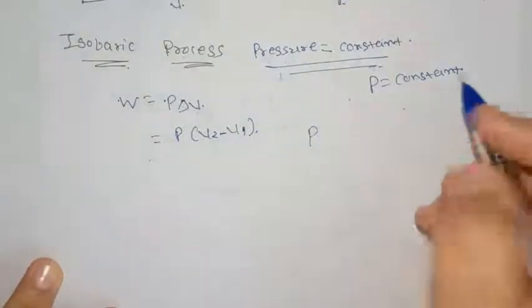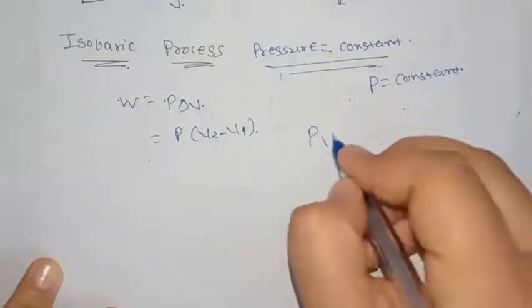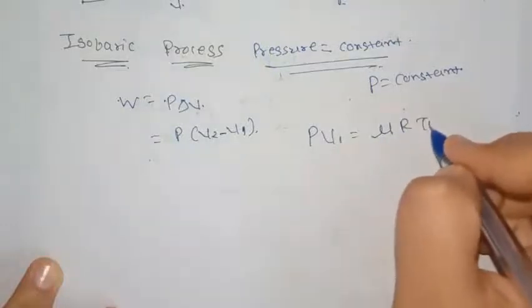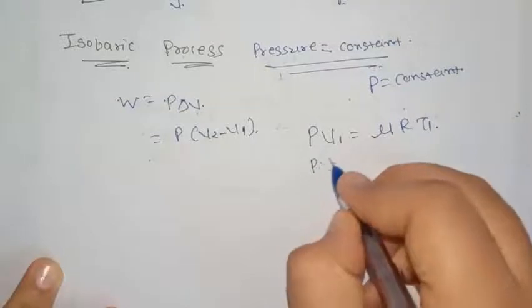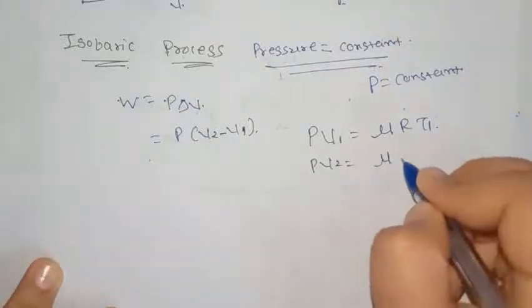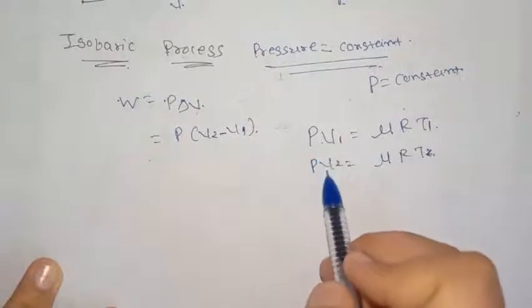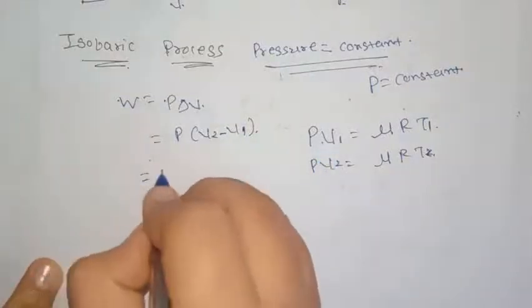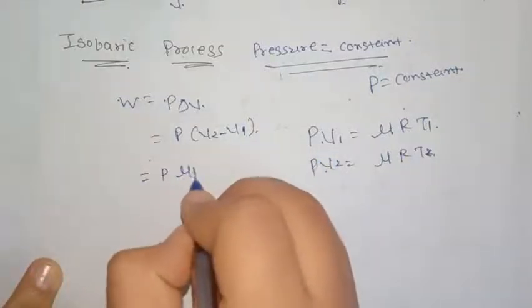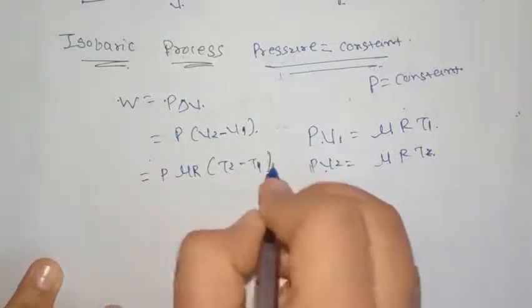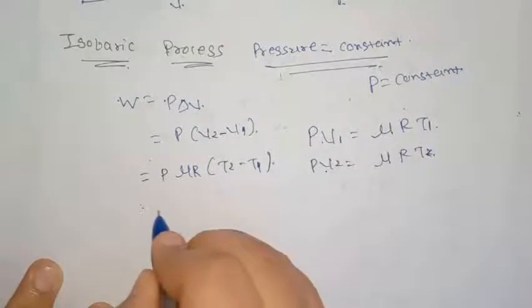From the ideal gas equation, we can write PV1 is equal to μRT1 and PV2 is equal to μRT2. So P(V2 minus V1) can be written as μR(T2 minus T1), for 1 mole.